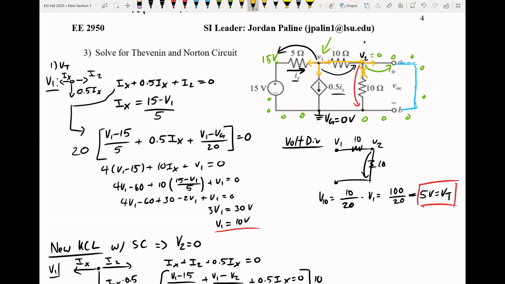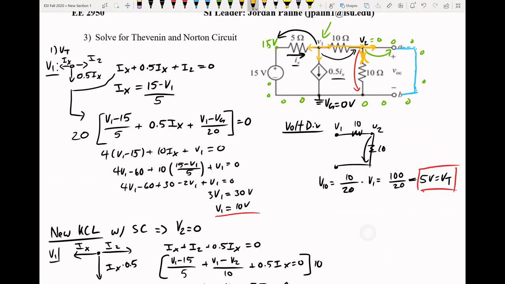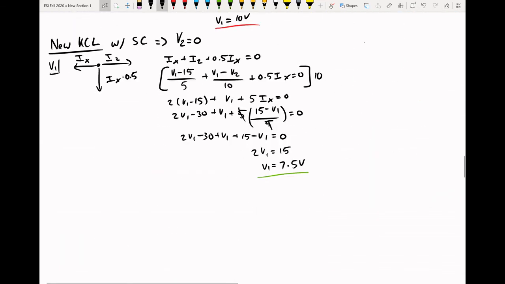So it's going to bypass going down and completely send all of its current to the right. So the current I2 that we see there is going to be the short circuit current. So I2 is equal to I short circuit.